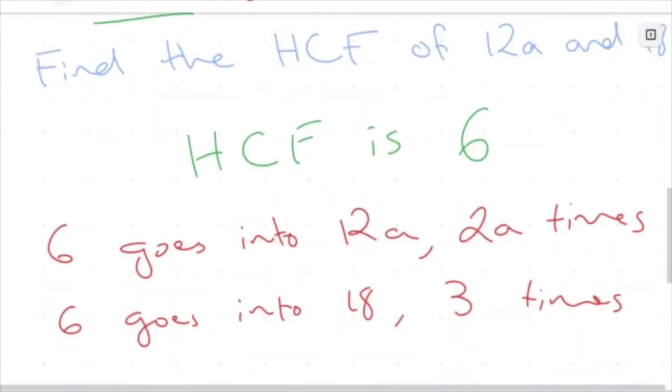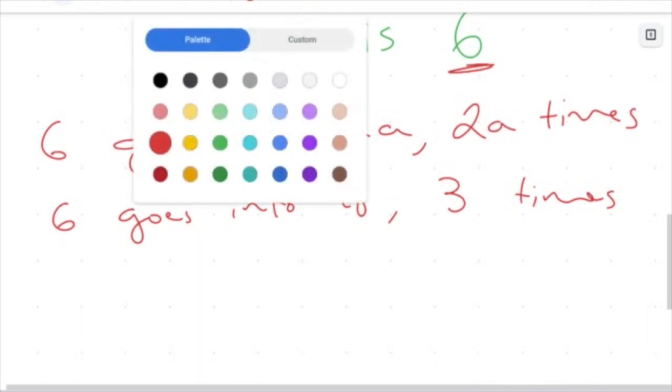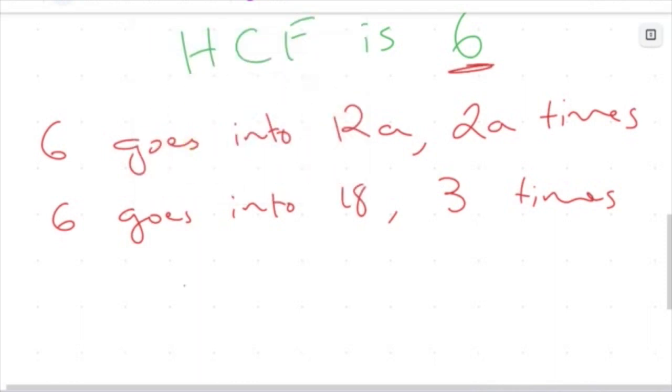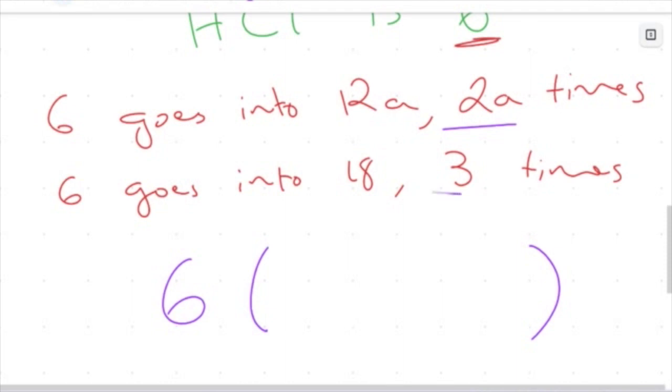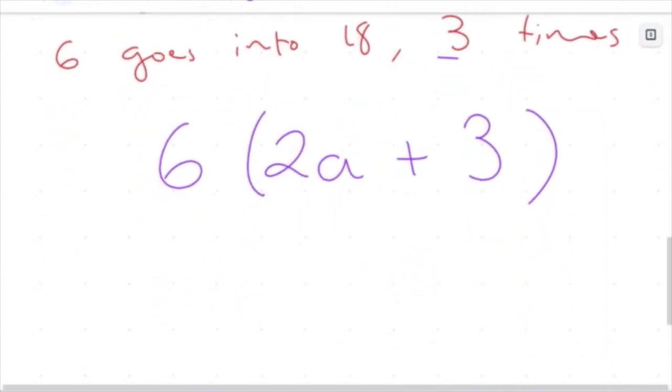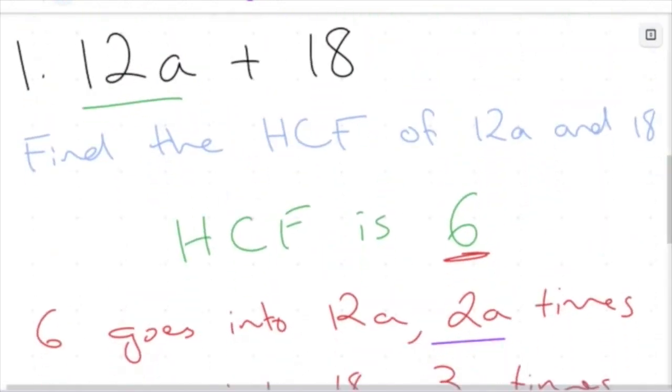My highest common factor is 6, so that is the number that's going to go outside my brackets. 6 is going to be outside, and these things I found, 2a and 3, are what go inside my brackets. So I had positive 2a and positive 3. This is the factorized form of this expression.